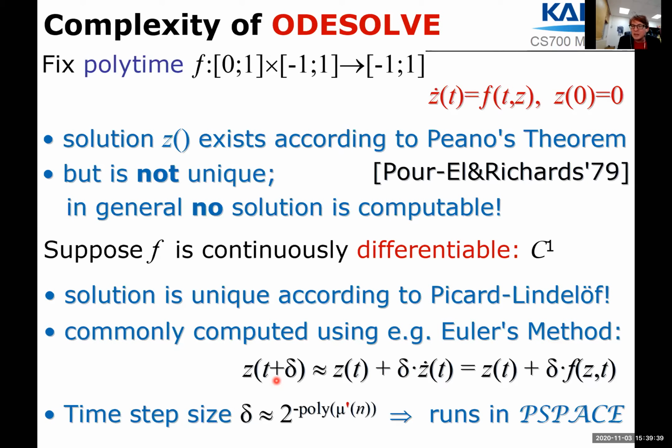Namely, how large should we choose our parameter delta? Well, this is where the modulus of continuity of the derivative enters, right? So our function f should have a polynomial modulus of continuity of its derivative, and so we use that modulus of continuity plus some polynomial slack, and this is the step size that is sufficient to guarantee that all the errors we make in each time step, right?